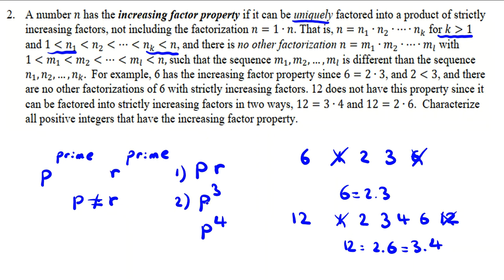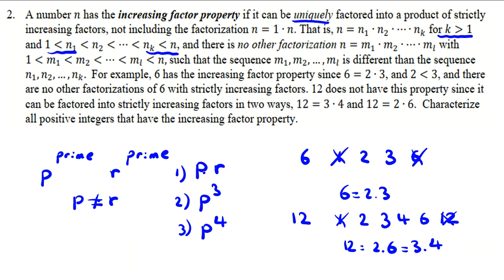The second one, P cubed, has the increasing factor property, and P to the fourth has the increasing factor property too. All other numbers except these three types don't have the increasing factor property. You should prove it completely. Checking these numbers is not hard.